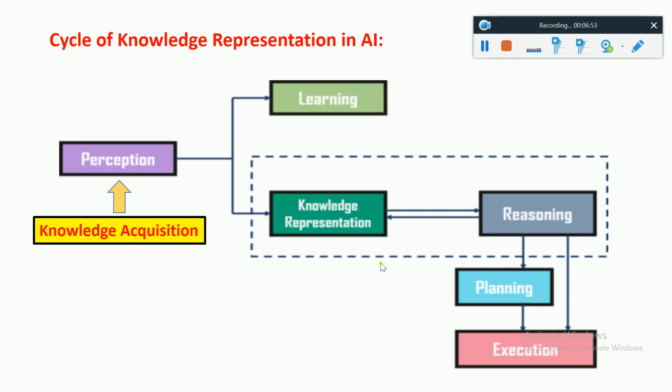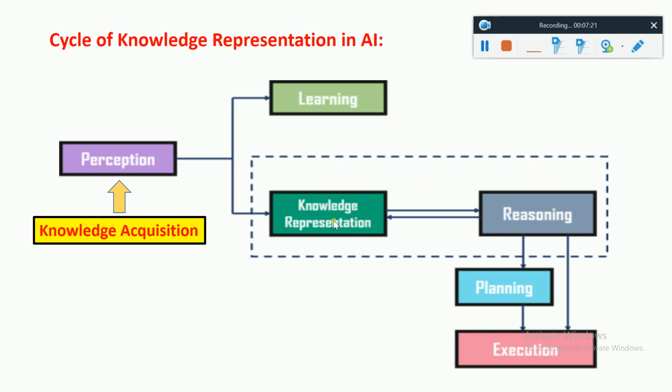The third component is knowledge representation, and as we have already discussed in the first slide, knowledge representation is all about the understanding of intelligence and building machines that may have human-like intelligence.